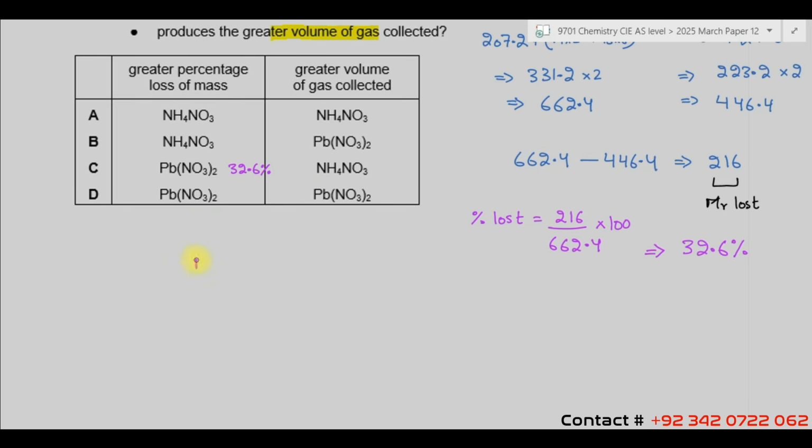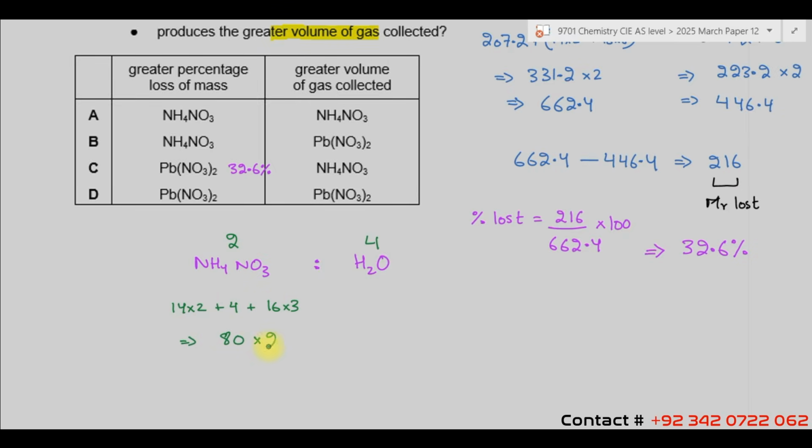So ammonium nitrate and water, 2 moles and 4 moles. Let's find out molecular mass. So we have 2 nitrogens, 4 hydrogens and 3 oxygens, so it is equal to 80.